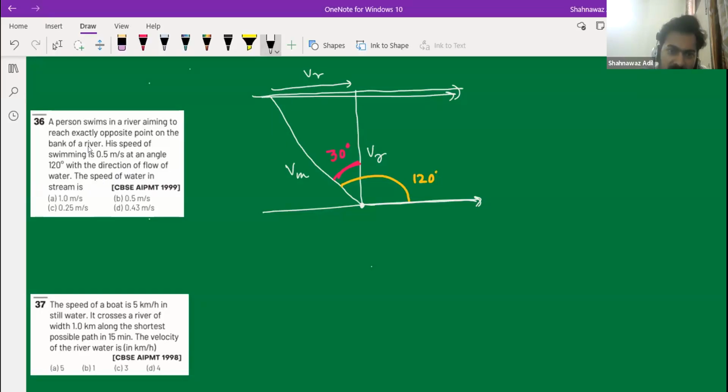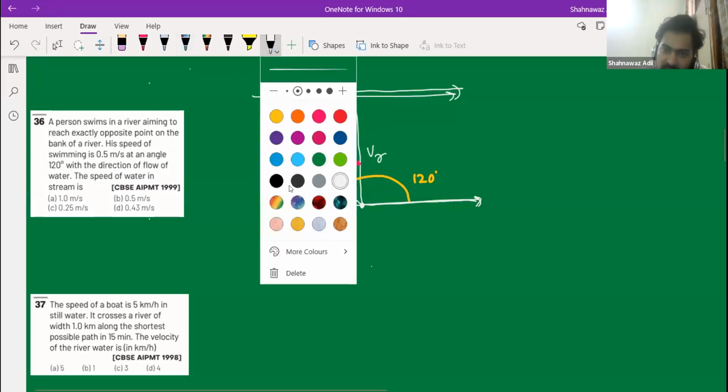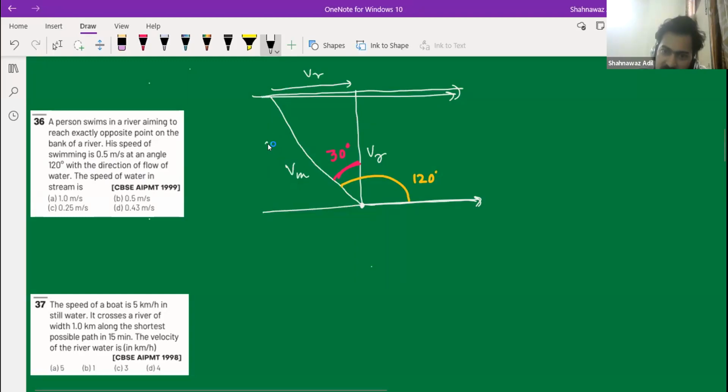The speed of water in stream is what we have to find out. So we have to find out the velocity of the river or stream. That we need to find out.